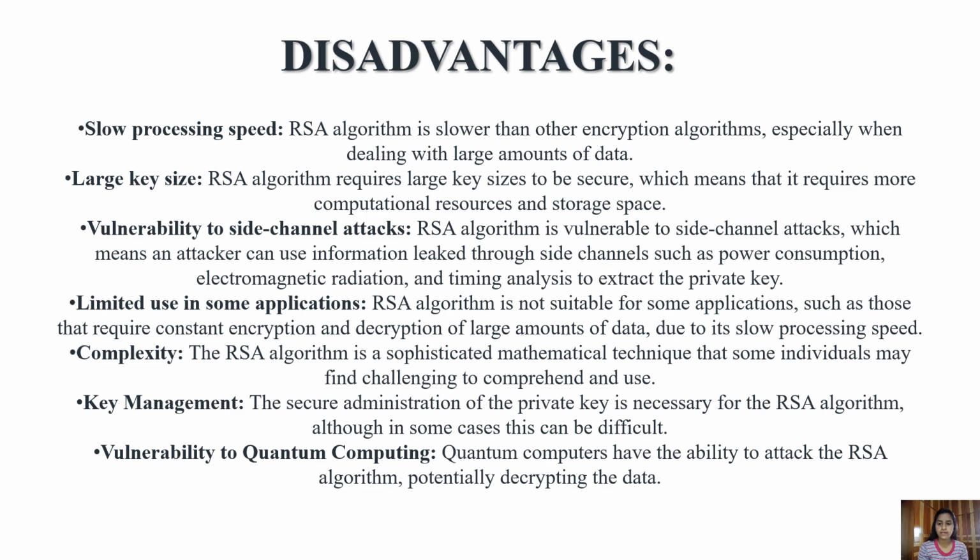RSA algorithm is vulnerable to side channel attacks, which means an attacker can use information leaked through side channels such as power consumption, electromagnetic radiation, and timing analysis to extract the private key. Limited use in some applications. RSA algorithm is not suitable for some applications, such as those that require constant encryption and decryption of large amounts of data, due to its slow processing speed.